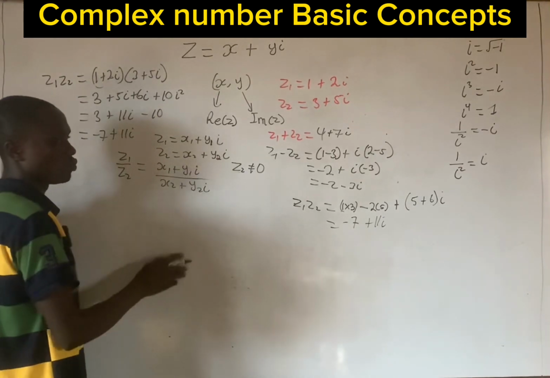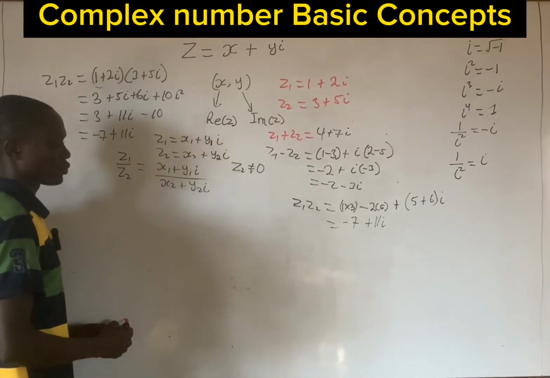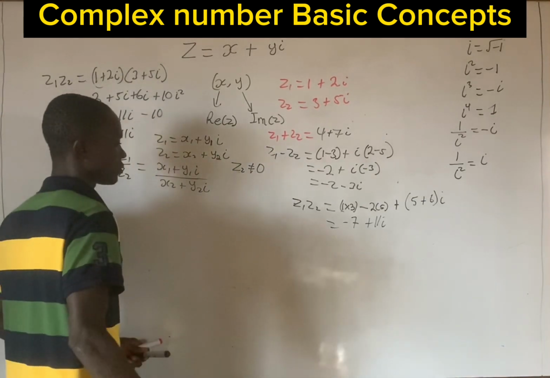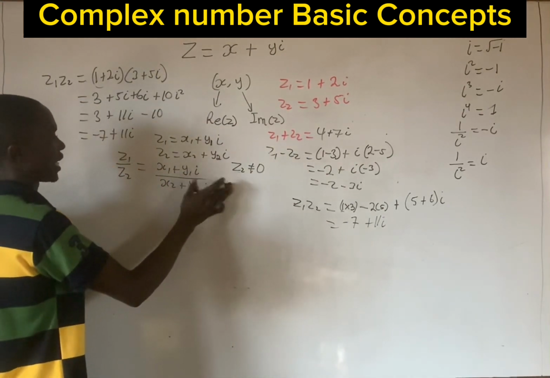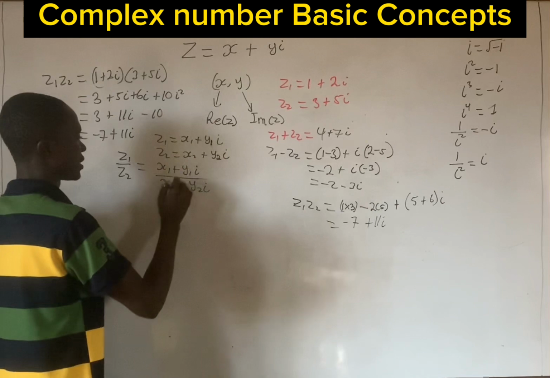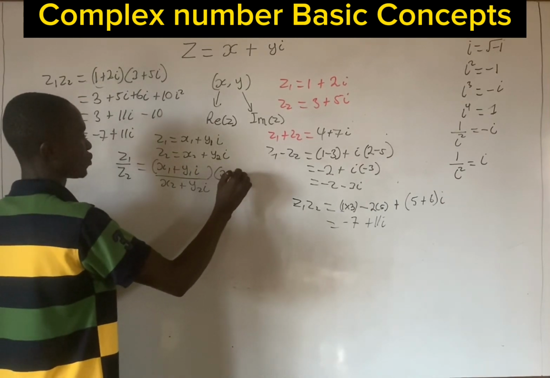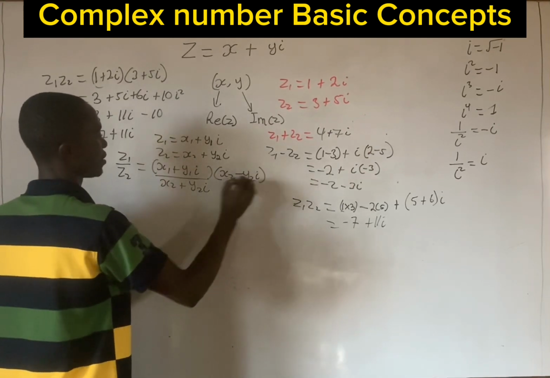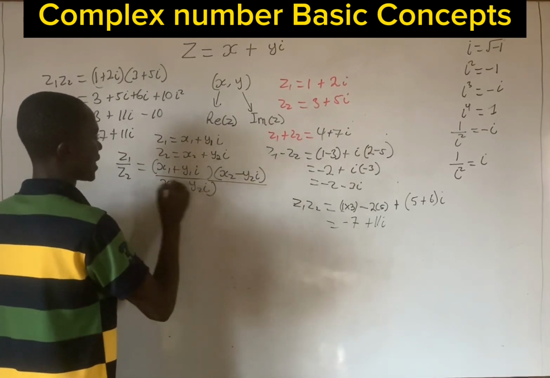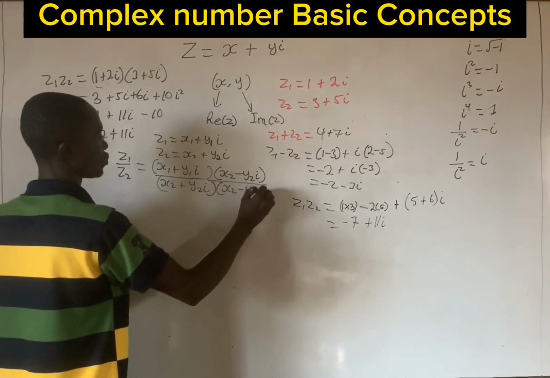If we want to rationalize, what we are going to do is very simple. We take this one and rationalize. We multiply the numerator by x2 minus y2 i, and multiply the denominator by x2 minus y2 i.